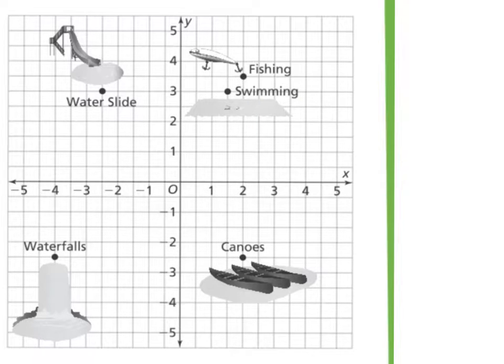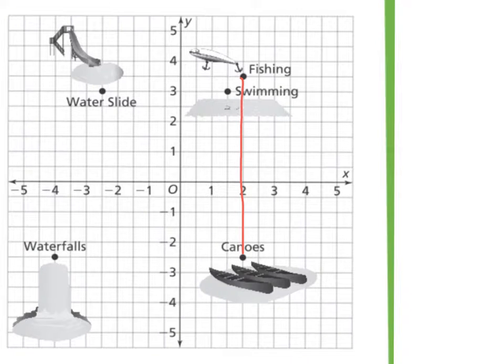So if we're trying to find the distance from the fishing area to the canoes, we don't want to just count how many boxes there are, because how many boxes is not exactly the distance. They're only going by halves. If you wanted to count the boxes and then divide by 2, that would be fine. Otherwise, you can look at the coordinates of these points and go from there.